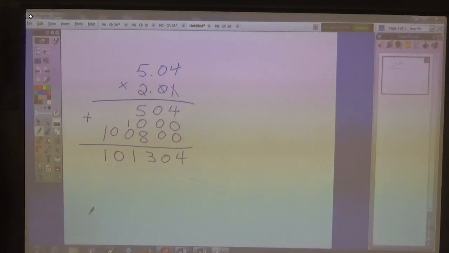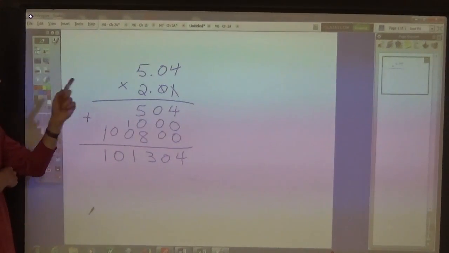Now, what do you think? If you were using estimation, what do you think this is going to be close to? What answer is this going to be close to using estimation? Tyler? 100. Look at the problem again. Oh, decimals.